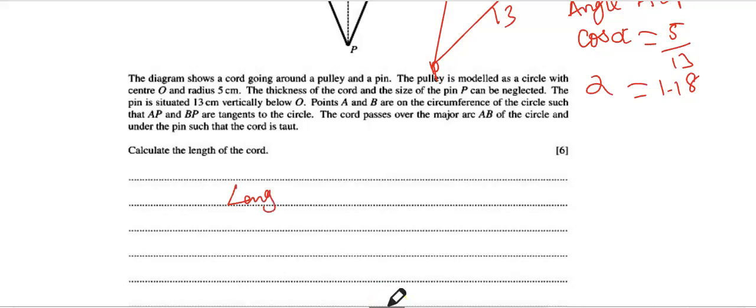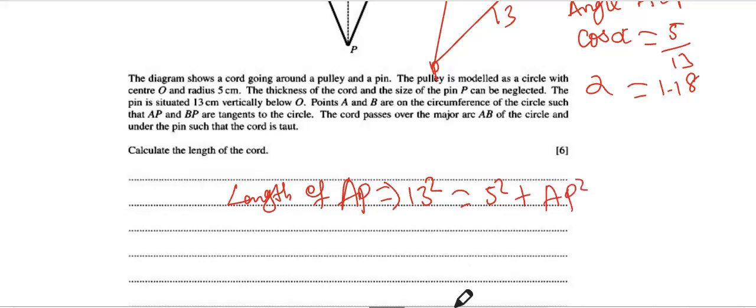So we have 13 squared equal to 5 squared on the other side, plus AP squared, because we don't know what AP is.